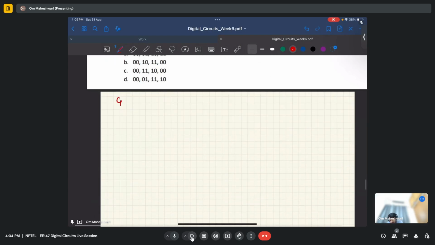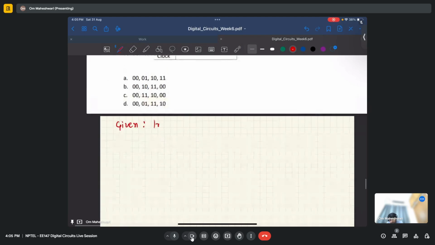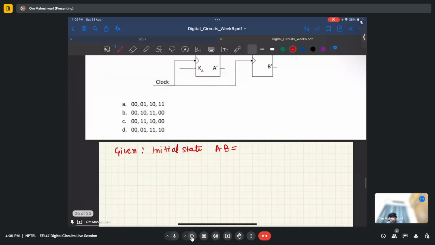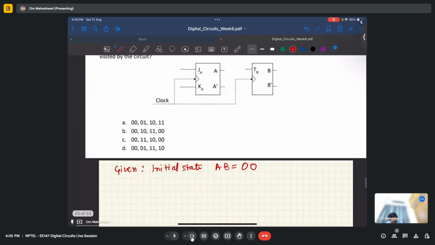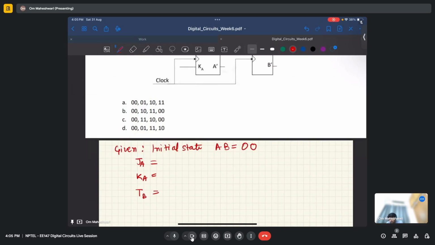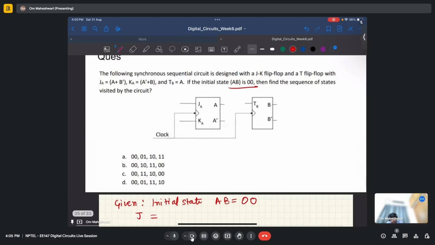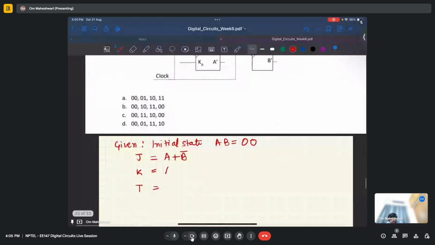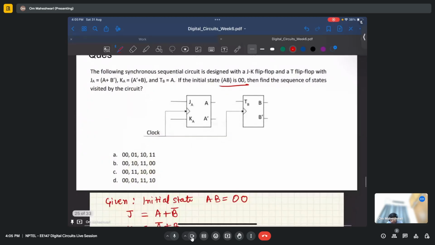What we know: initial state of AB is 0, 0, and we have J, K, and T. J is A plus B bar, K is A bar plus B, and T is A.